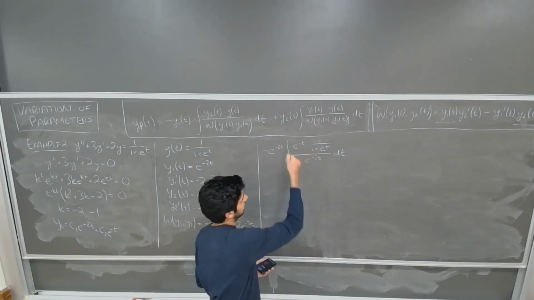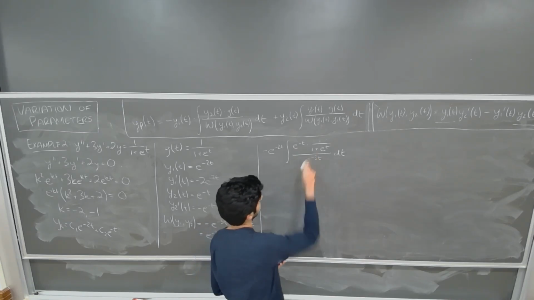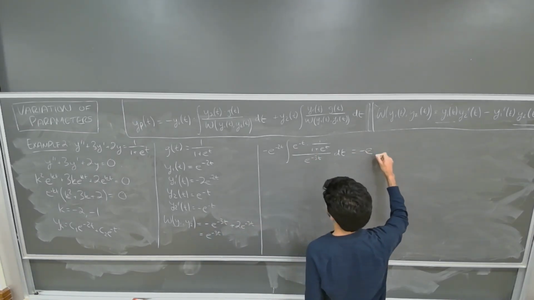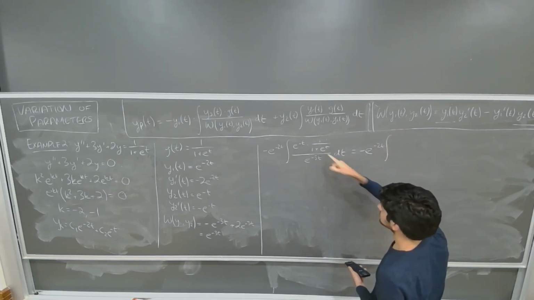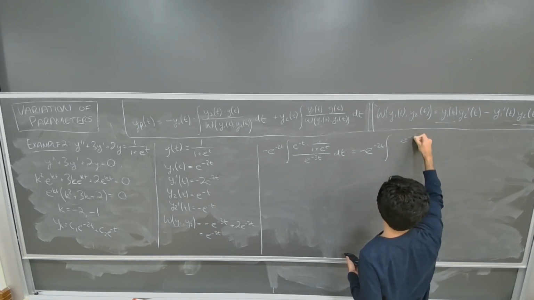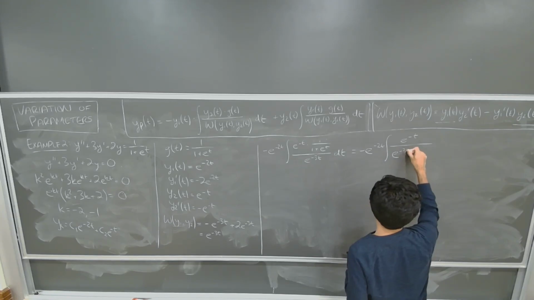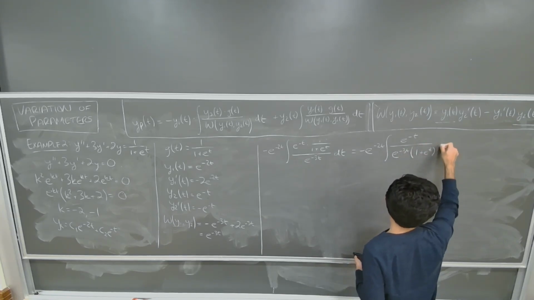So there's a lot of fraction stuff going on here. So let's multiply the numerator and denominator both by 1 plus e to the t. So that'll cancel with this, and in the numerator it's just e to the negative t. And in the denominator we have e to the negative 3t times 1 plus e to the t.